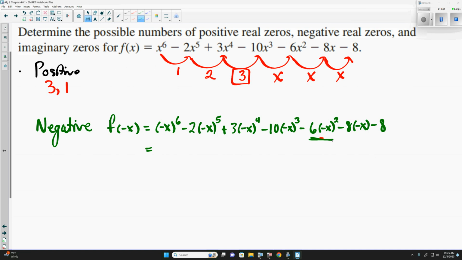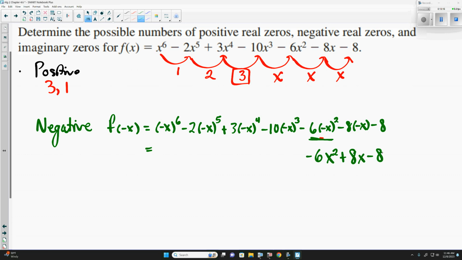So what that's telling us is that our negative x squared is just going to be x squared, because negative x times negative x is positive x squared, yes? And we multiply it by our negative 6, telling us that we just have negative 6x squared. The one after it, negative 8 times negative x, well, the negative and negative make a positive 8x, and we have our minus 8, because it's just still minus 8.